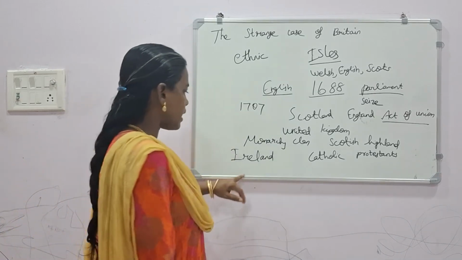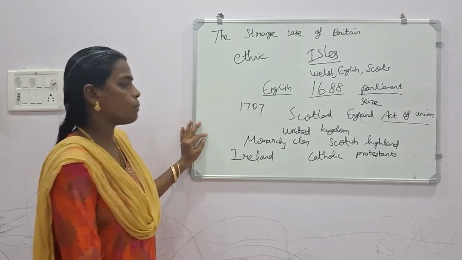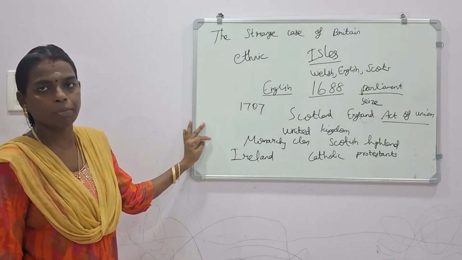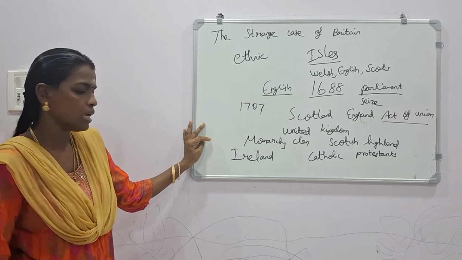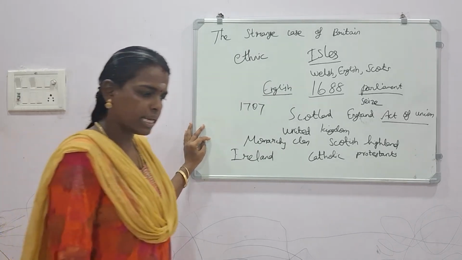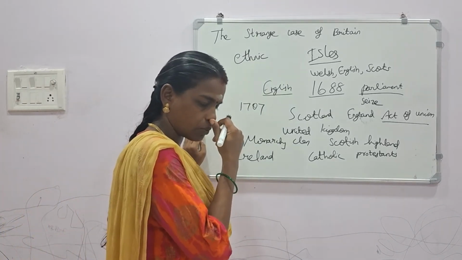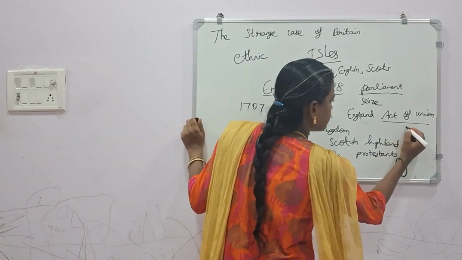And the Irish people also became under the control of Britain or the British Empire. Next, finally, they staged a revolt in the year 1799.